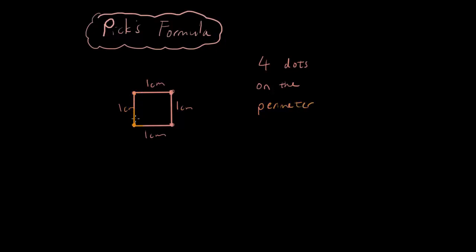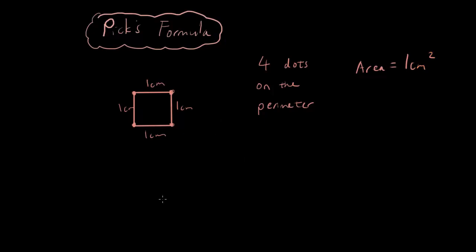Right, the perimeter is the sides around the shape, and the area is, what is the area of the shape? Well, the area of a square is side times side. 1 times 1 is 1 centimeter squared. Okay, so far there is no confusion.